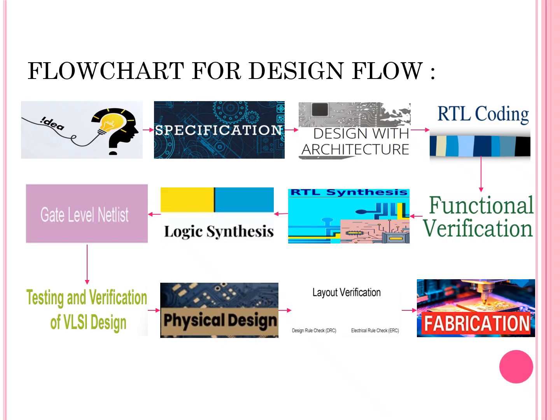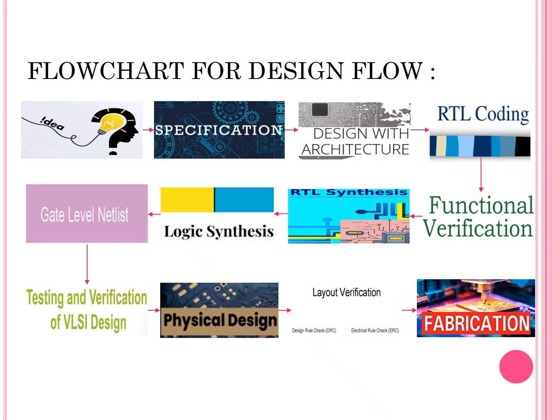Then, in RTL coding, we describe the circuit behavior using hardware description languages like Verilog or VHDL. After the RTL is complete, we perform functional verification to ensure the design works correctly before moving to the physical level.